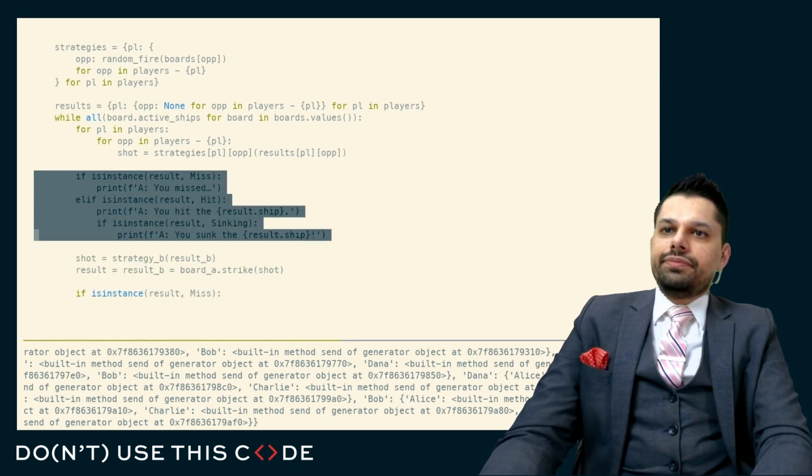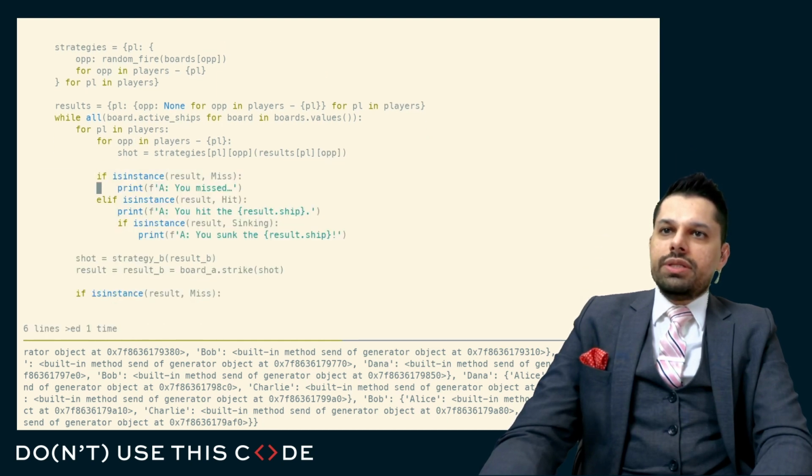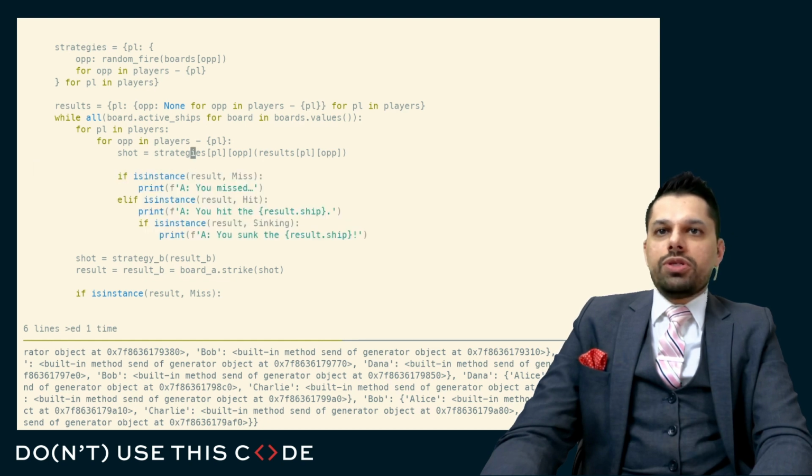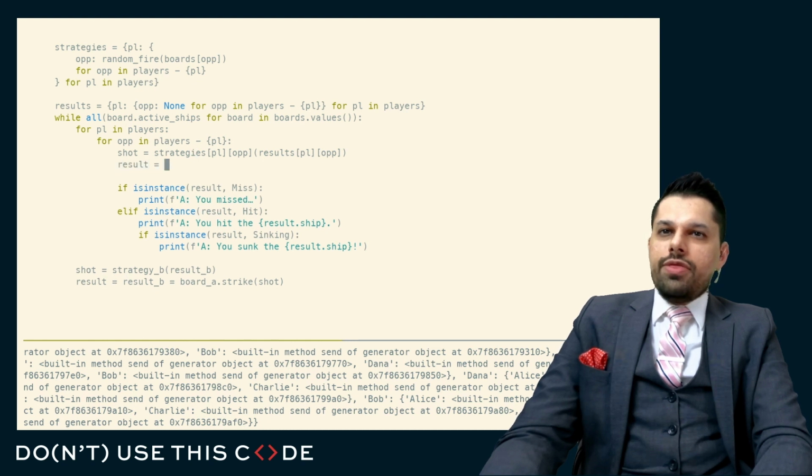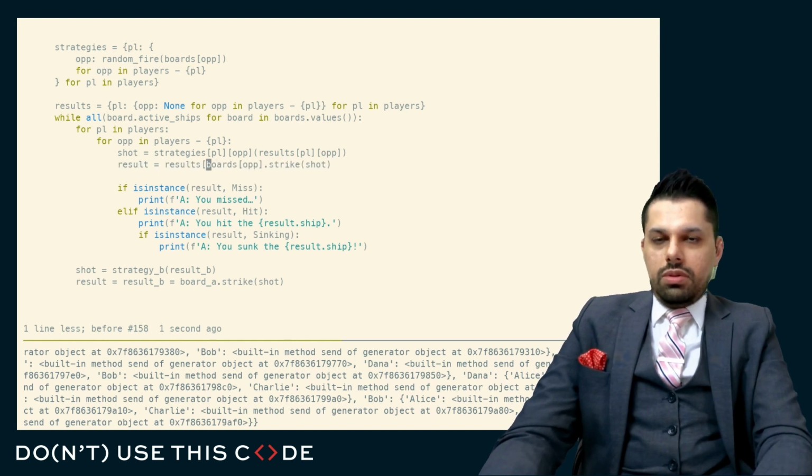And then I think all we need to do is this. You can see that's the result that we got, and we have to store that result back. So the result is equal to the boards for that opponent being struck by that shot. And here we'll say this is now the results for that player for that opponent.